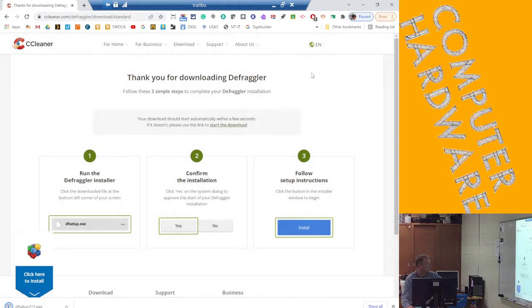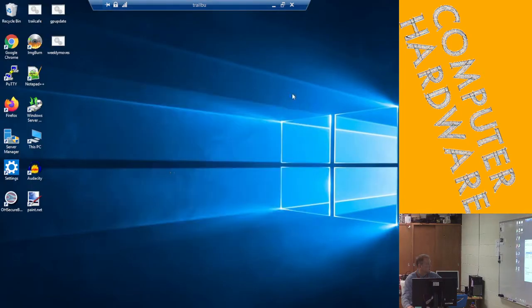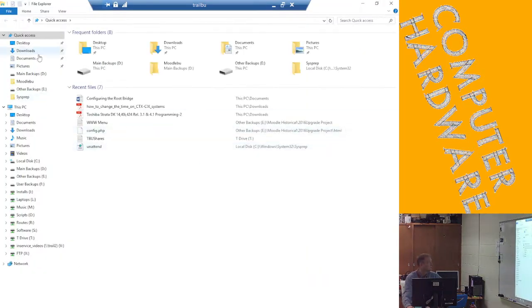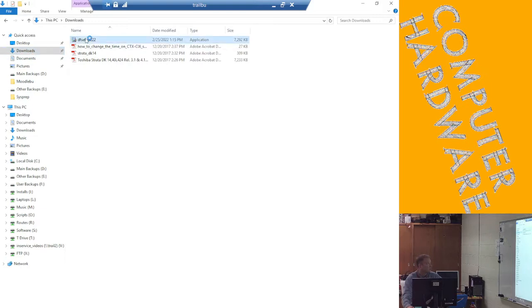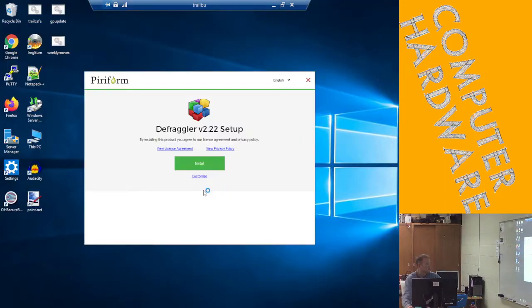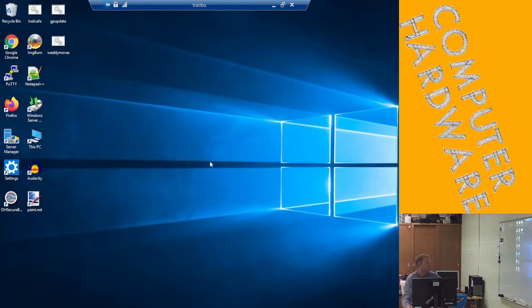I don't remember if it lets us do it on this, because this is a server, and some free programs do not work on server systems. They know you're a business, so they make it so they don't work. I don't remember if Defraggler does or not. And if it doesn't, I'll go to another machine. Find out in a moment. It may say, no thank you. You lose, sir. Let's see.